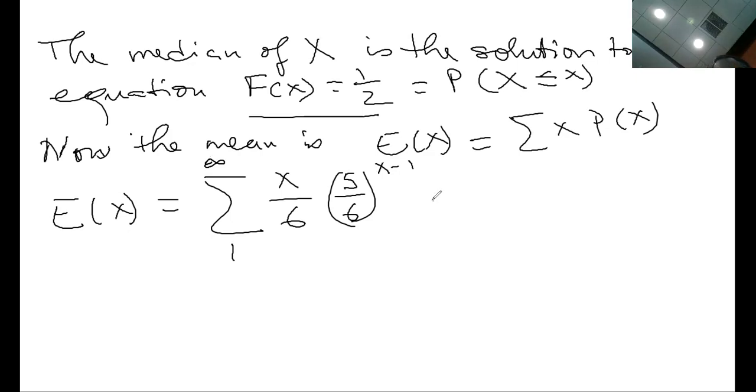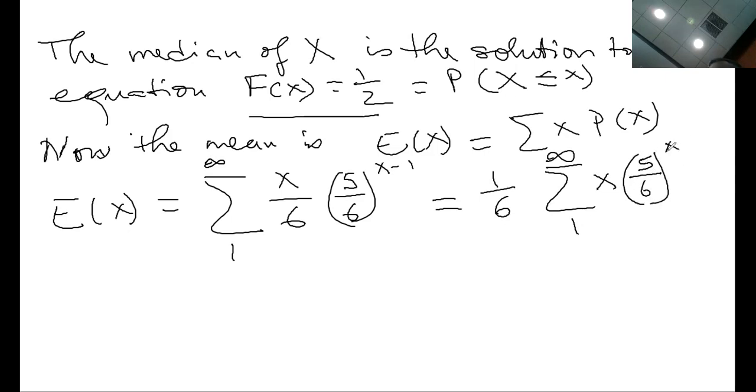Now we can say that this is the same as 1 over 6, sum from 1 to infinity, of x times 5 over 6 to the x minus 1.